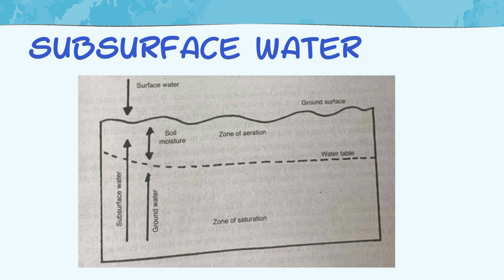And above the zone of saturation is the zone of aeration, where pores are partially filled with air and water. So the diagram illustrates the concept of showing surface water, soil moisture, the water table, and the zone of aeration and saturation. It is highlighting how groundwater is stored and moves underground.